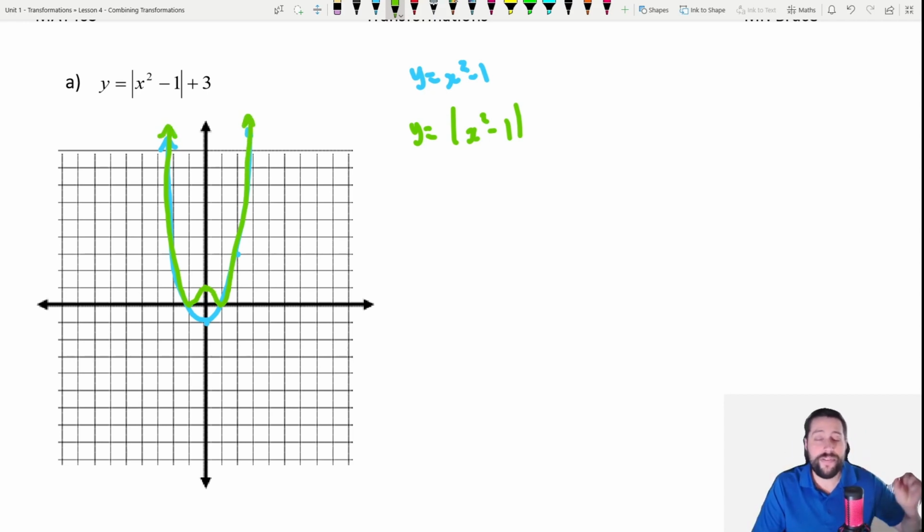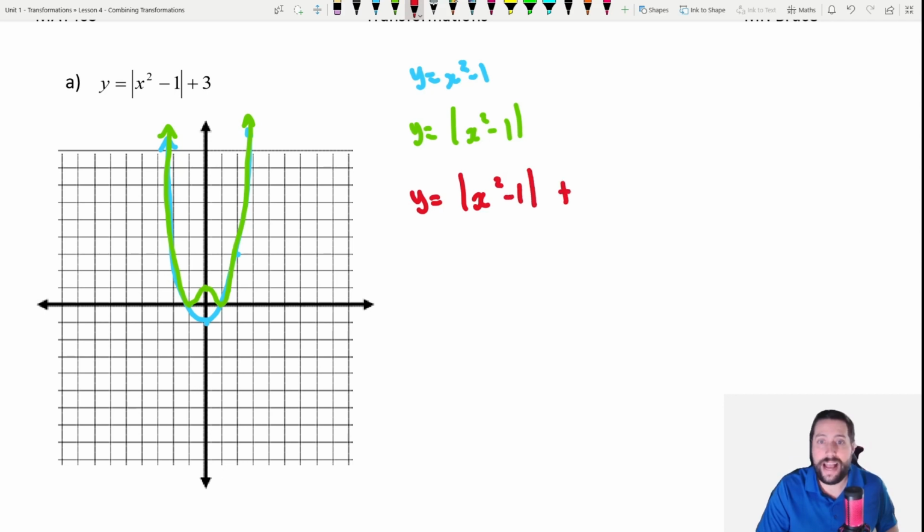The last part we're going to do is add in the plus 3. And the plus 3 tells us we're going to move it up 3. So this is going to be the absolute value of x squared minus 1, and then we're going to add 3. This is like your k value, right?